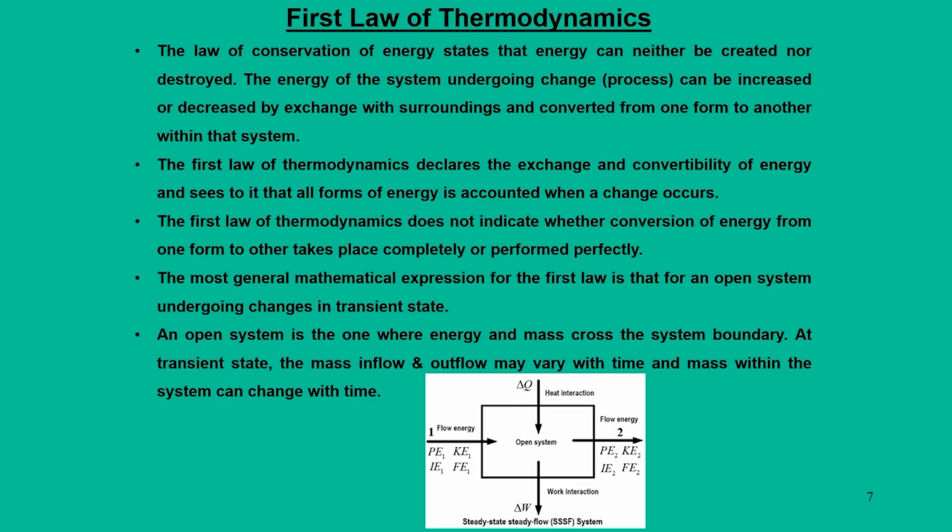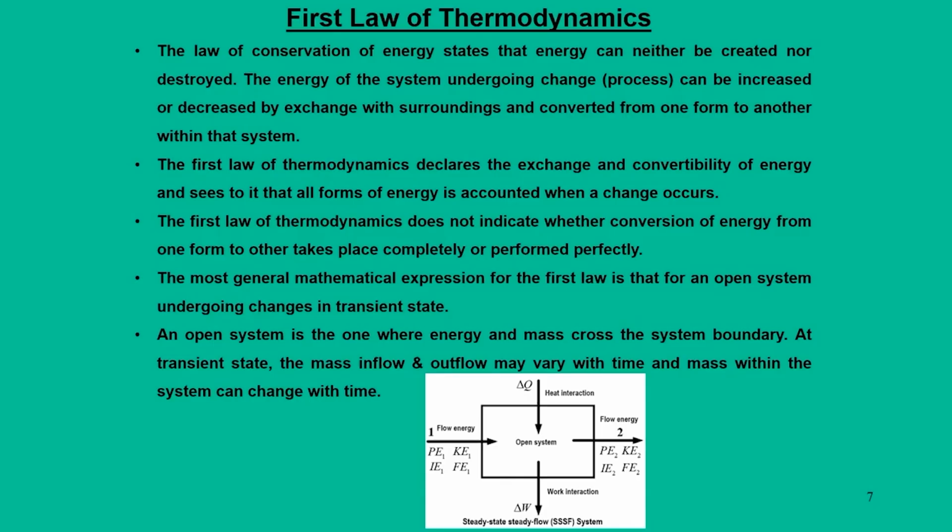There is a possibility of change of energy from one form to another, but the accountability is that the total energy which enters the system must go out of the system. Energy auditing will tell you that the total accounting of energy that enters and leaves must balance each other. However, the conversion is allowed, but it does not indicate whether the conversion of energy from one form to another takes place completely or perfectly or not.